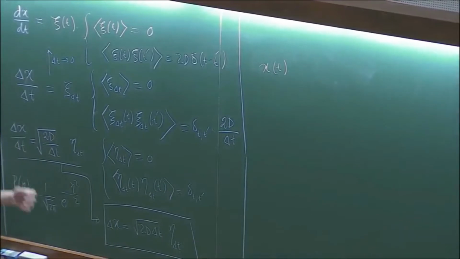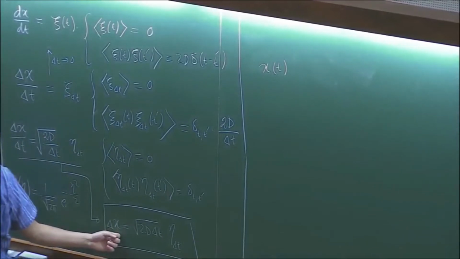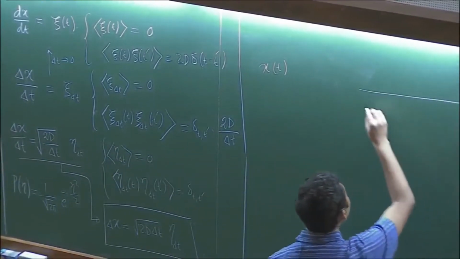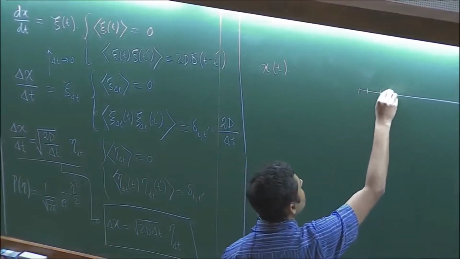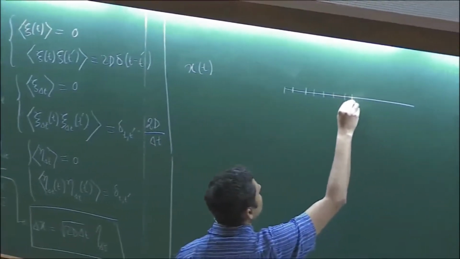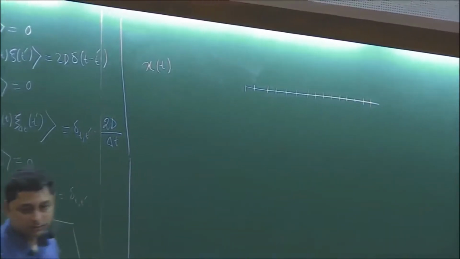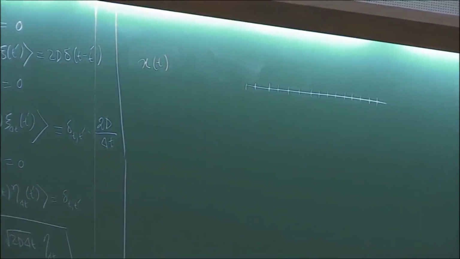So what will be the distribution of x of t in terms of this one? So this is your time, and you are breaking it into steps of delta t.